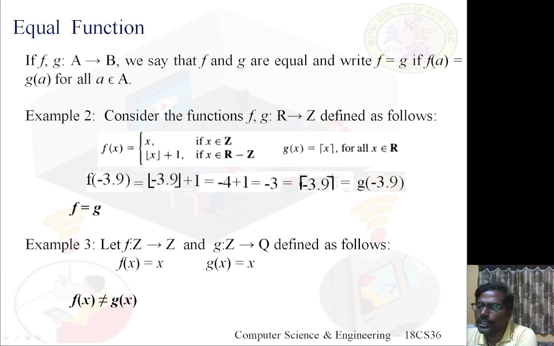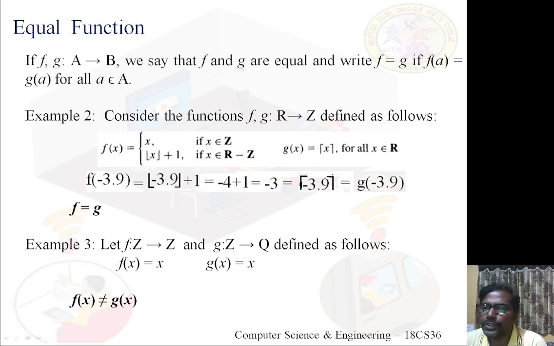So when I list all integers greater than or equal to minus 3.9, the sequence is as follows: minus 3, minus 2, minus 1, 0, 1, 2, and so on. Of this, the least integer is minus 3.